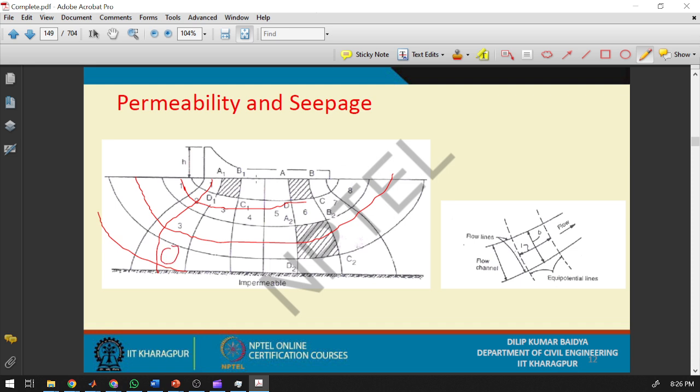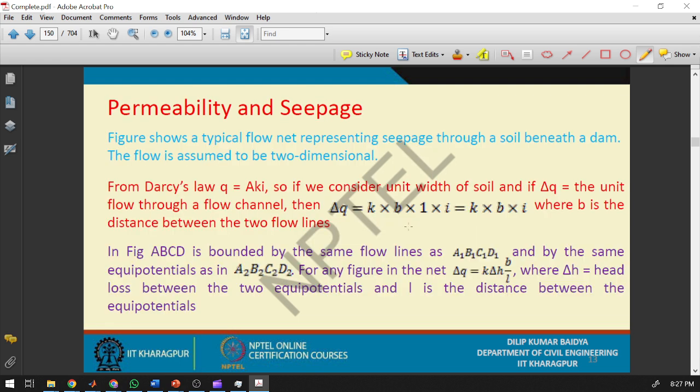So what it boils down to is that whatever number of flow lines you take, you will end up with the same NF by ND ratio, number of flow lines by number of potential drops, and that is what matters, not how many actual flow lines there are, if you draw it properly.